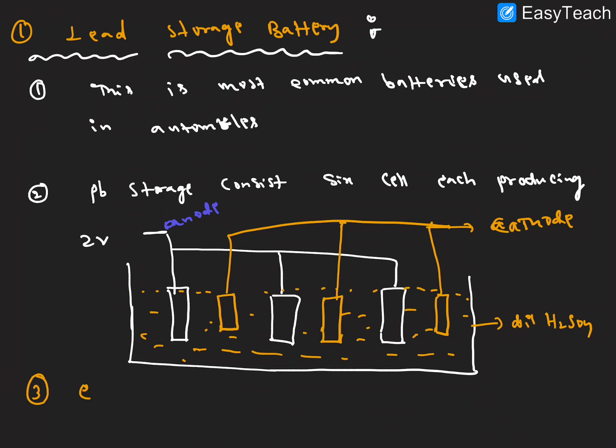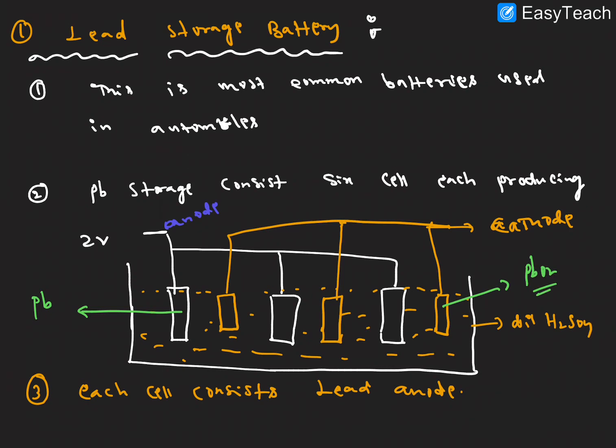Point number 3 here, each cell consists of a lead anode. What about the cathode here? The cathode here uses lead oxide, PbO2.